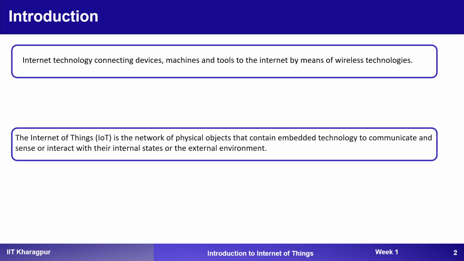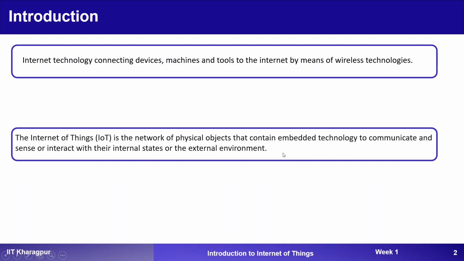So first of all, what exactly is the Internet of Things? Basically, in Internet of Things, internet technology is used to interconnect various machines, tools and humans with each other, which can be done with the help of wireless technology. There is another definition: Internet of Things is a network of physical objects that contain embedded technology to communicate and sense or interact with their internal state or external environment.